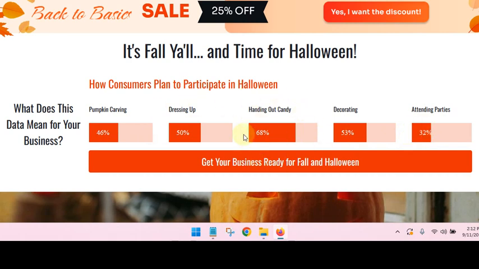So the biggest thing that people do is hand out candy. It looks like next on the chart is decorating. So if you are someone who creates home decor, this is going to be maybe an opportunity for you, right? Even if you participate in terms of handing out candy, let's say that you have a brick and mortar business and you have people that come into your business, you might think about having some kind of event.